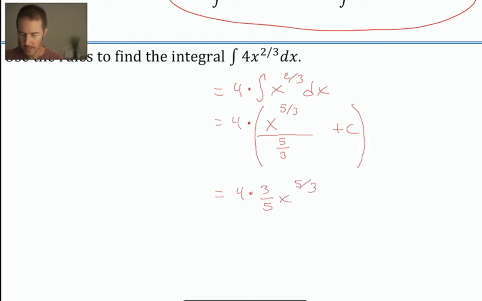So instead of dividing by 5/3, I'm multiplying by 3/5. Division is the same thing as multiplying by the reciprocal. And then we've got the 4 times the c value. Now c is a constant. And what happens when you take 4 and you multiply it by a constant? You get a constant.